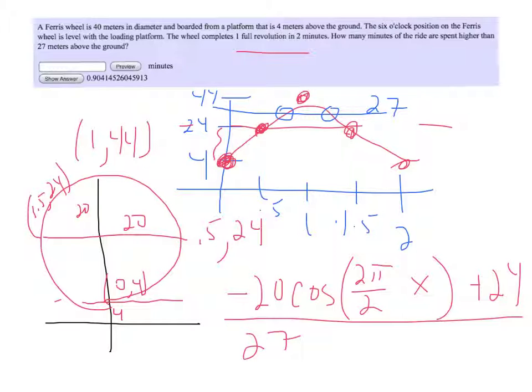And then you're going to subtract those two answers, because they're asking how many minutes it has spent higher than 27. So you'll find that answer, you'll find that answer, and then you'll subtract the two, and that should be 0.9 minutes. Okay, which would make sense. It's only a 2-minute ride all the way around. So I hope that helps you out.